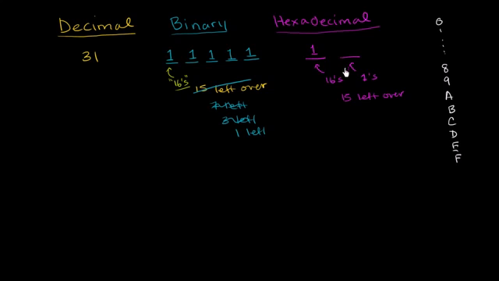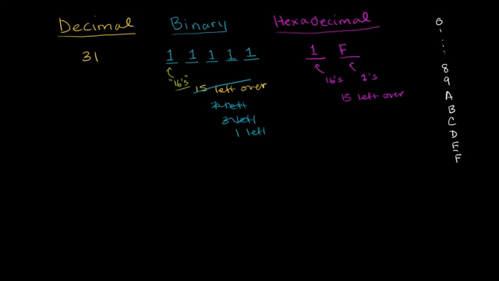So if you want to represent 15 ones, you literally just put an F here. So this might not look like a number to you, but in hexadecimal it is. 1F. This is hexadecimal for 31. You have 1 16 and you have 15 ones. And this is the symbol for 15.